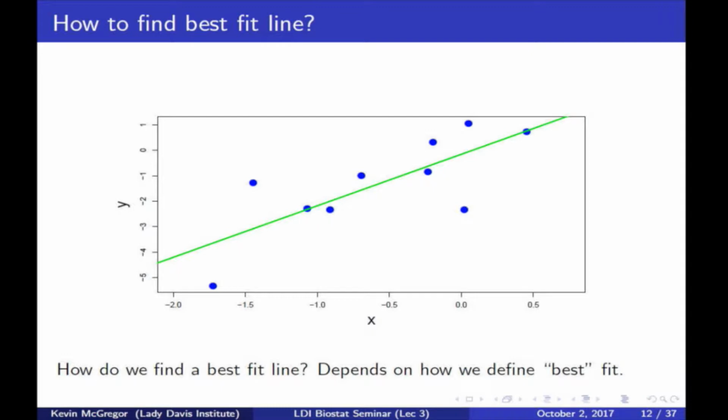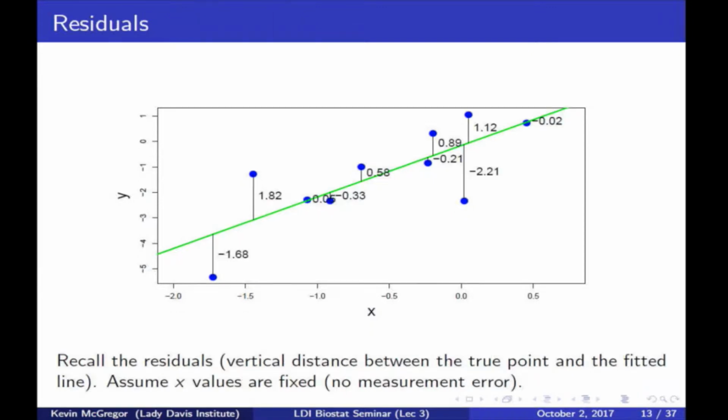But in order to find a best fit line, we first have to define what we mean by a best fit. There are many ways that we could do that, as it turns out, but the most common way is going back to this idea of the residual. So if you remember back to our first lecture, we had defined the residuals on sort of a flat line, on just a mean.